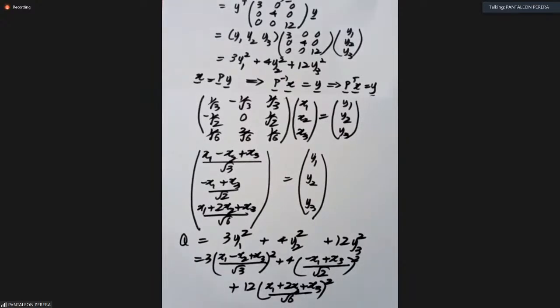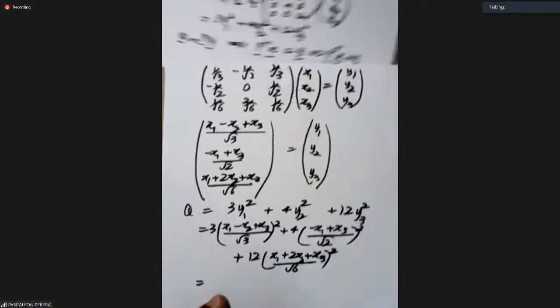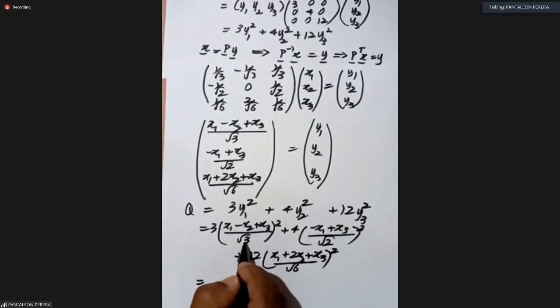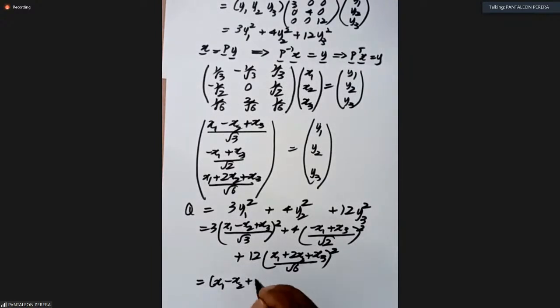Now you can further simplify this if you want to. How do you do that? This square root 3, if you square it, it will be 3. So this will be x1 minus x2 plus x3 squared.